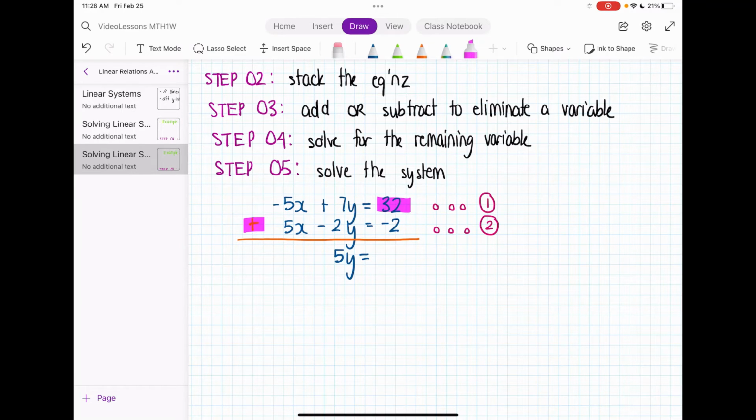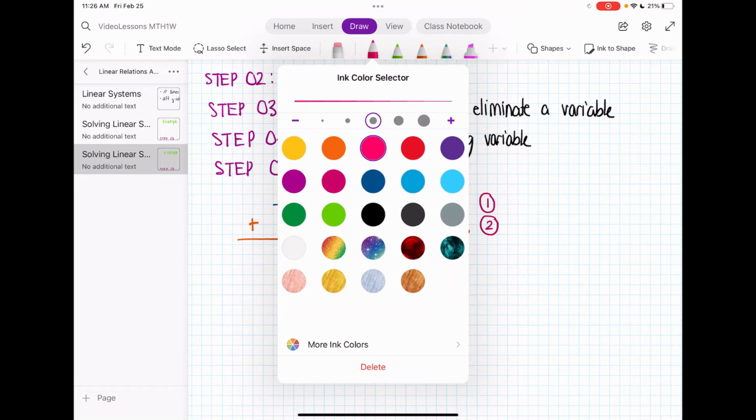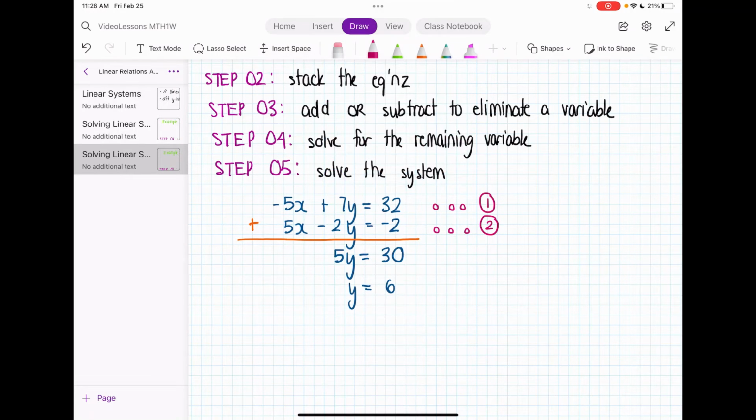Now we have 32 plus negative 2, which is like 32 minus 2, which is 30. Now we have to divide by 5, so I get y equals 6. This I can substitute into any of my equations above. It doesn't matter which one. So I'm going to sub it into equation 2. Like I said, it doesn't matter where you put it.